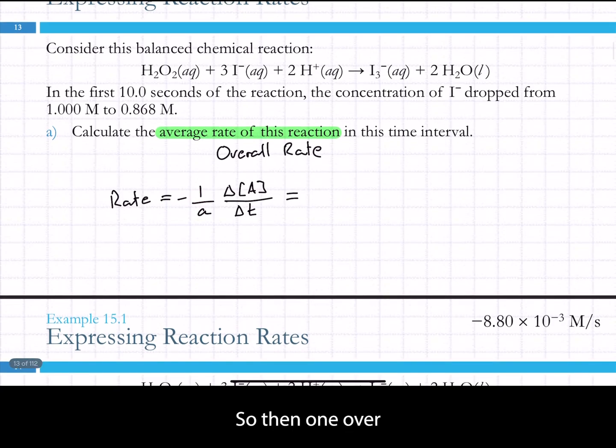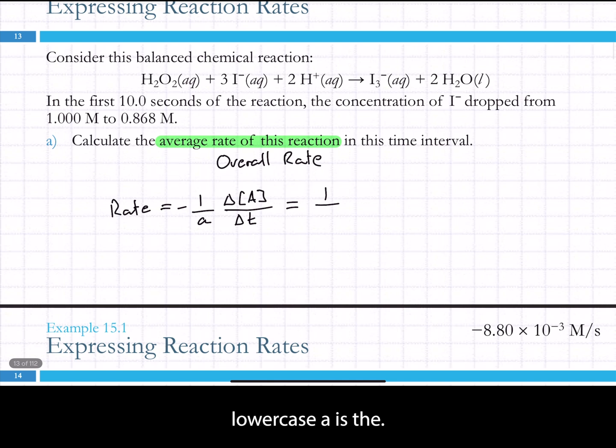Then 1 over lowercase a is the coefficient. And then for the concentration, like other things, it's final minus initial. So the final concentration would be 0.868 molar, divided by 10.0 seconds.